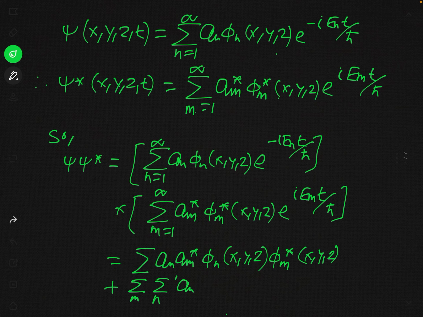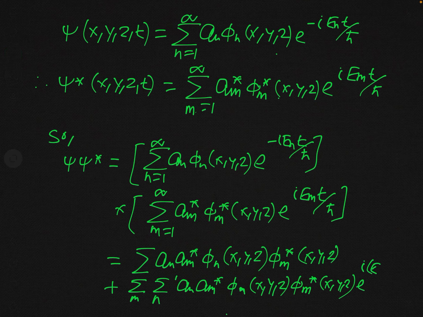So this is a_m star a_n phi_n of x, y, z times phi_m star of x, y, z times e raised to the power i (E_m minus E_n) t over h bar.